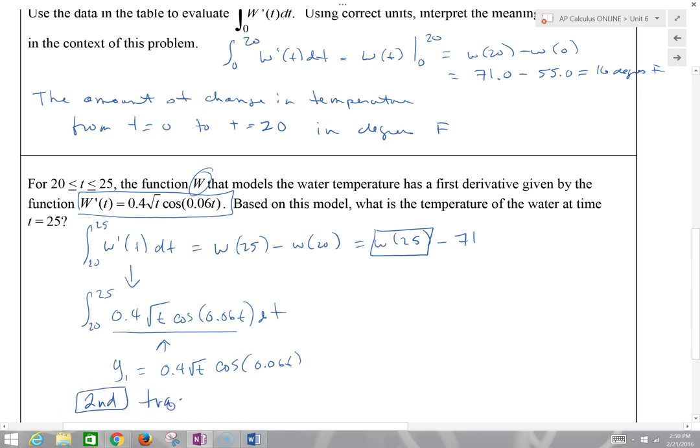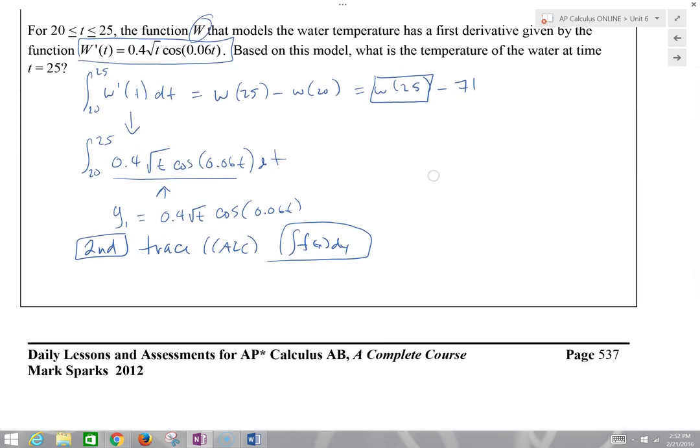Second trace, and if you scroll down, because this is calculate, you're going to find something that looks like this. So when you hit the calculate, you can see that there is an integral button like that. And then after you do that, it's going to graph your function, and then it's going to bring you to a screen that says lower limit. And our lower limit is going to be 20.